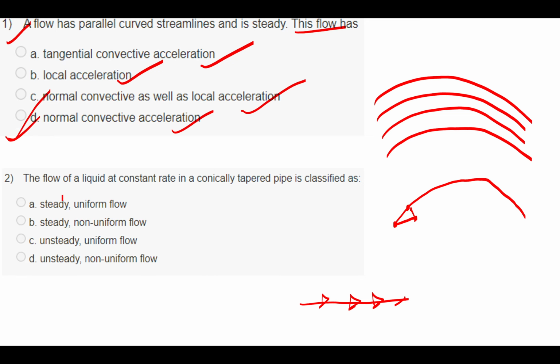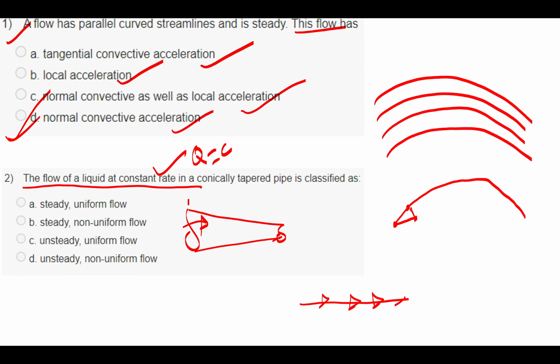Remember, the flow of a liquid at a constant rate in a conical tapered pipe is classified as what? Water is flowing at a constant rate in a conical tapered pipe. So here what will happen?